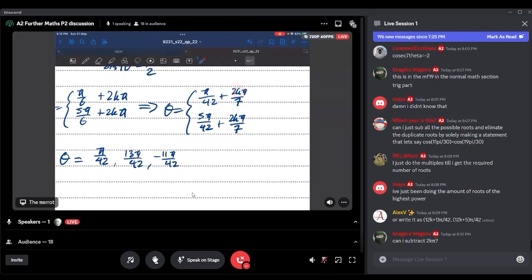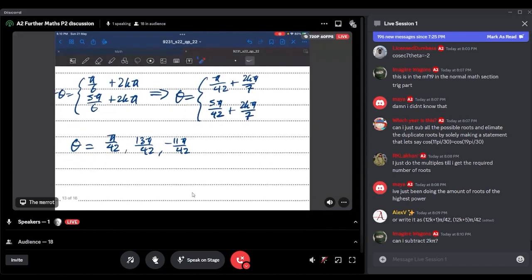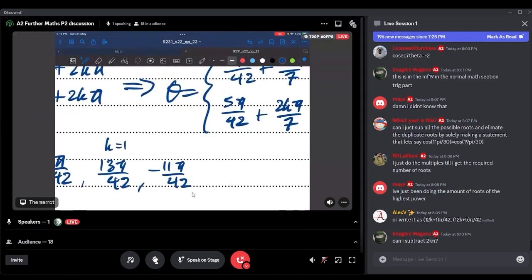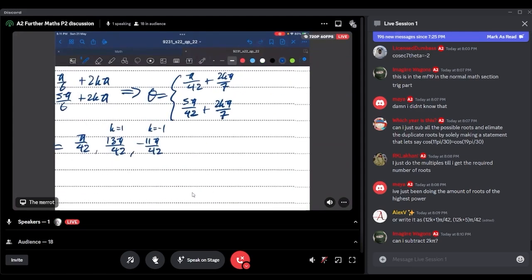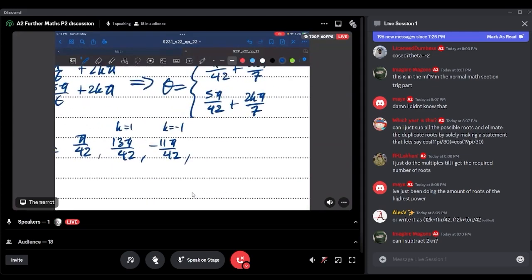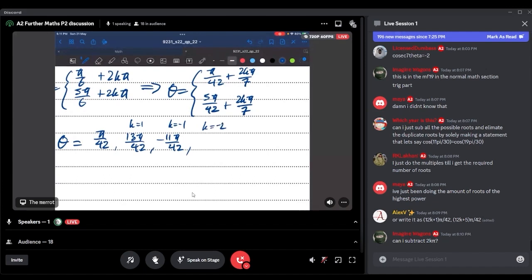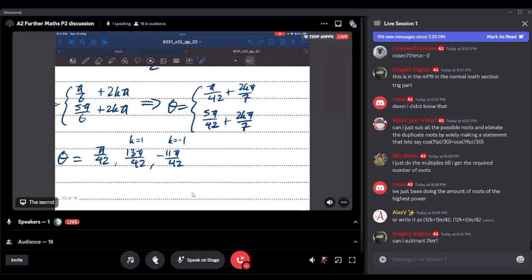This is when k is 1, this is when k is minus 1. If you go to k minus 2, you get negative 23 over 42 pi, which you do not want because it already crosses negative pi over 2. So these are the three solutions from this one.